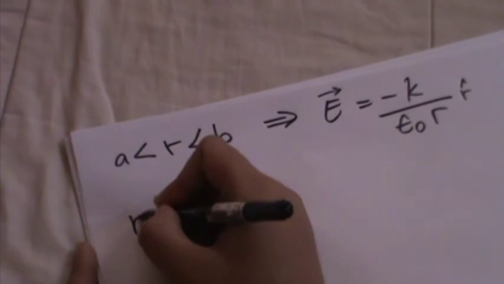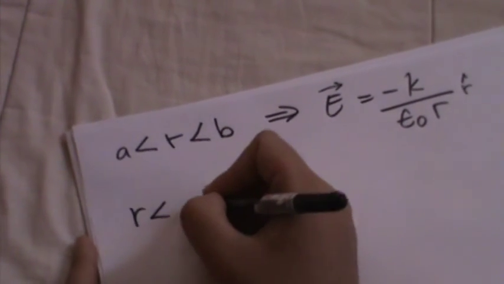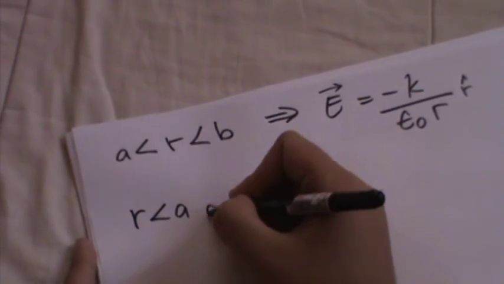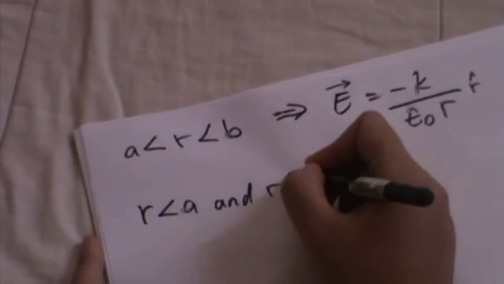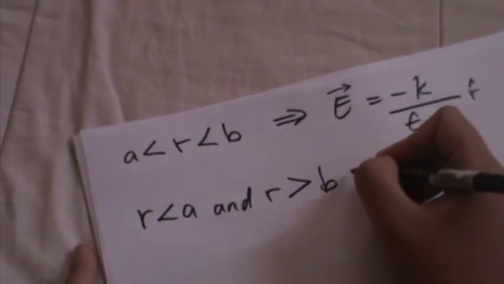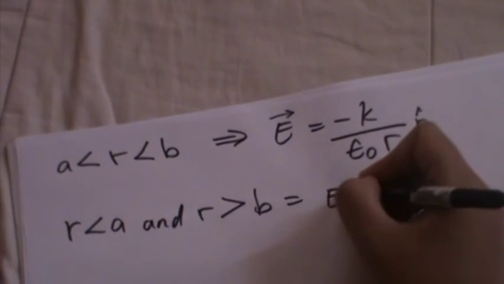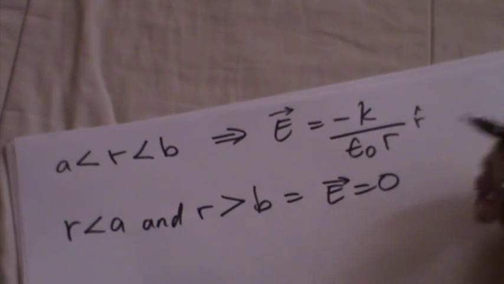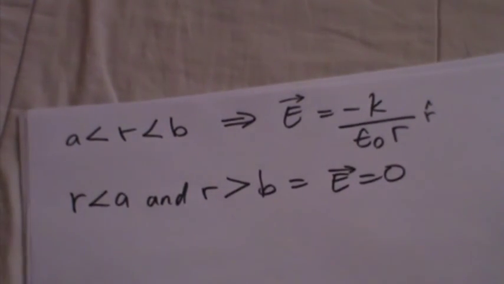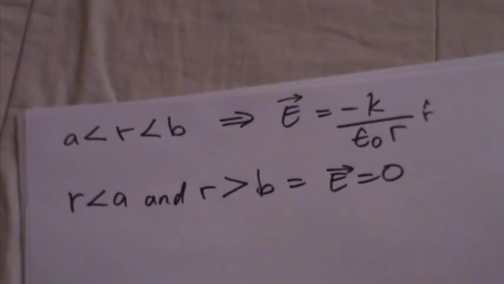For R less than A and R greater than B, our electric field here is equal to 0.